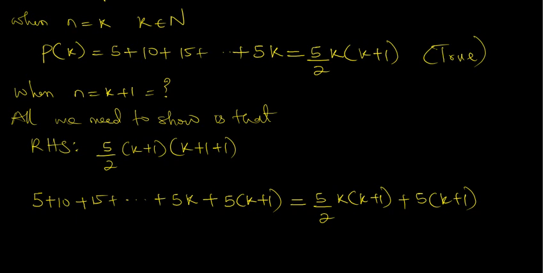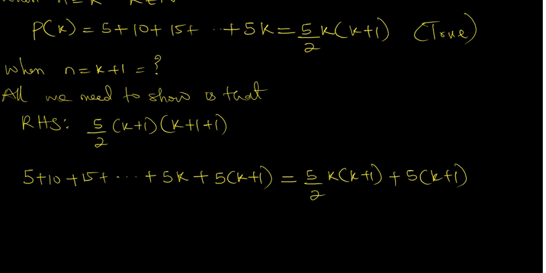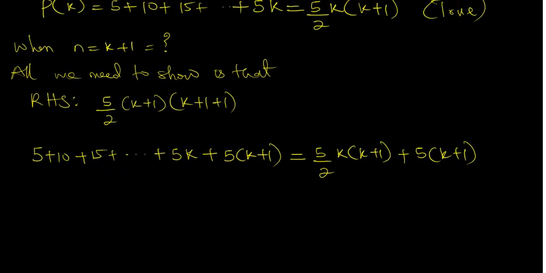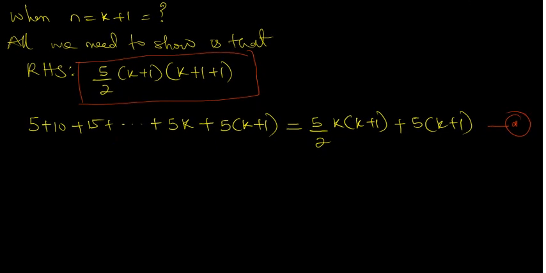So we can concentrate only on the right hand side of this and show that it can be reduced to this. If we can show that, then that completes the proof. So now let's look at this. This is equal to, now k plus 1 is common and 5 is common, so we can factorize the 5 and the k plus 1.